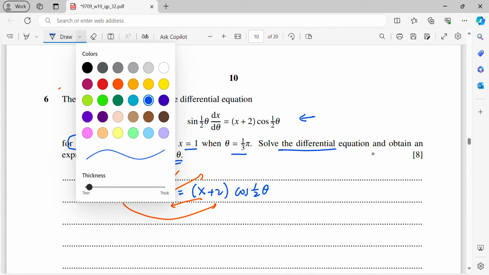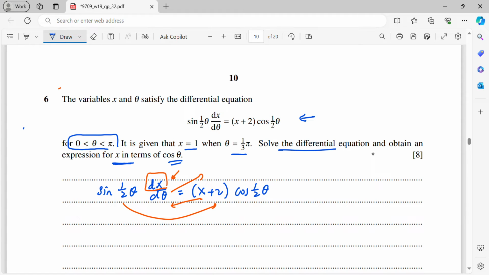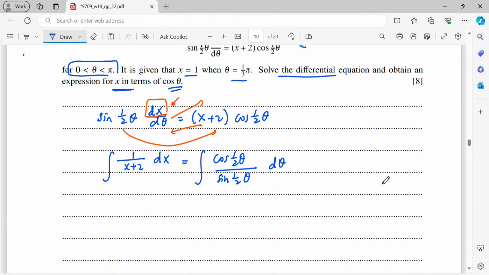So you will get 1 over (x plus 2) dx equals, after that, cos half theta divided by sine half theta, then d theta. And now you integrate both sides. So this is how we separate the variables.